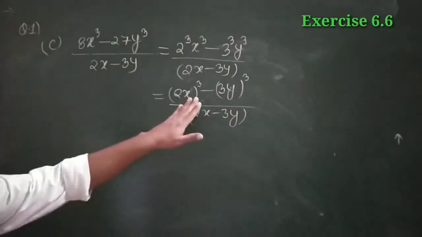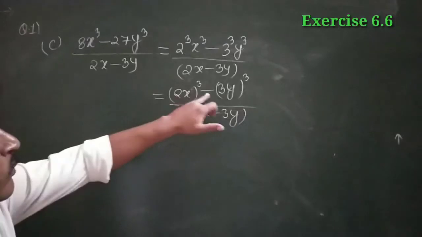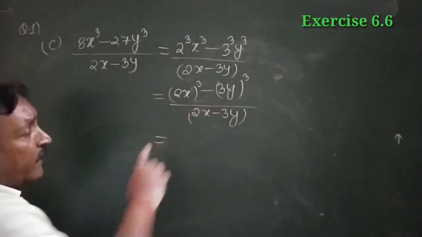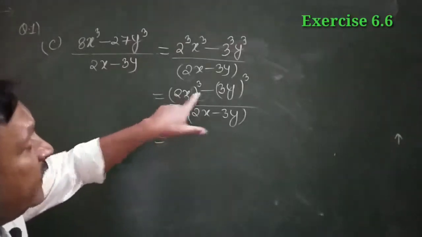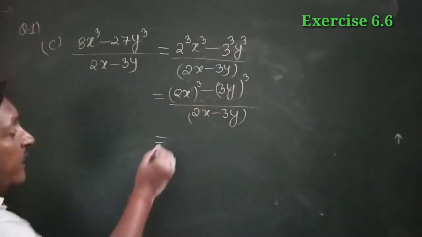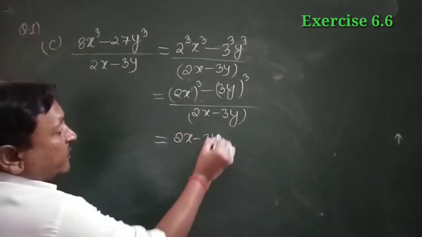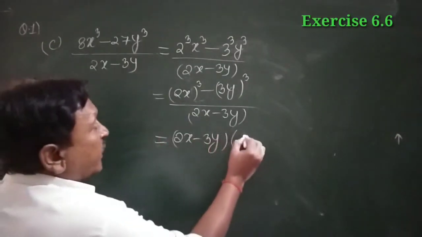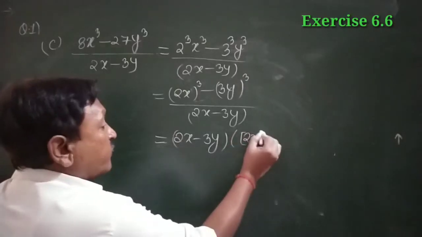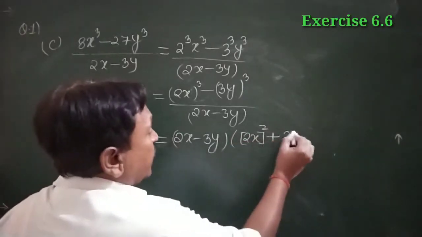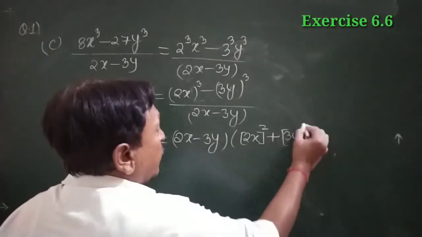Now we can apply the identity a cube minus b cube, which was a minus b. In place of a it is 2x, in place of b it is 3y. So a minus b means 2x minus 3y. Then a square means 2x whole square, plus b square means 3y whole square.